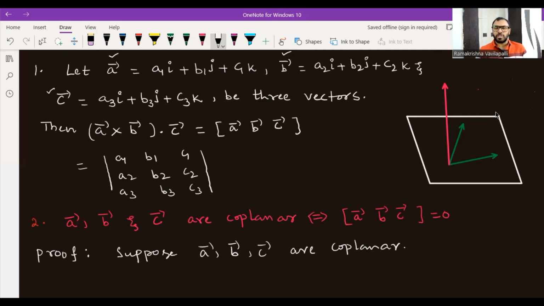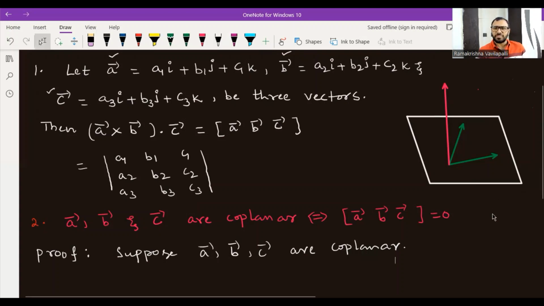Then we need to prove that the box of A bar, B bar, C bar equal to 0. Like if you take 3 vectors on one of the walls in your house, then they all lie on the same wall. So they are coplanar.